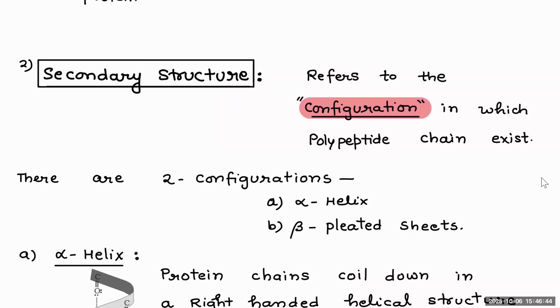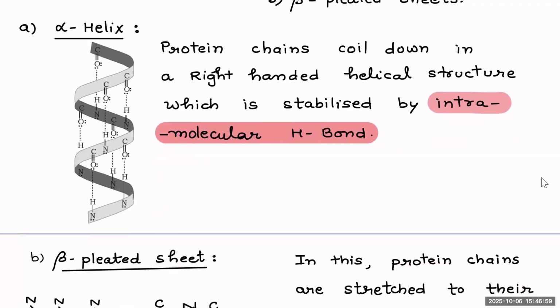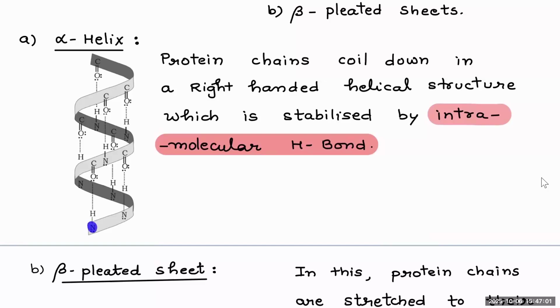Secondary structure refers to the configuration in which the polypeptide chain exists. That means you have the alpha helix or the beta pleated sheet, these are the two configurations. What do you mean by that? See, for example, if you notice from here, this particular line is the sequence. What is that sequence? This is the primary sequence.